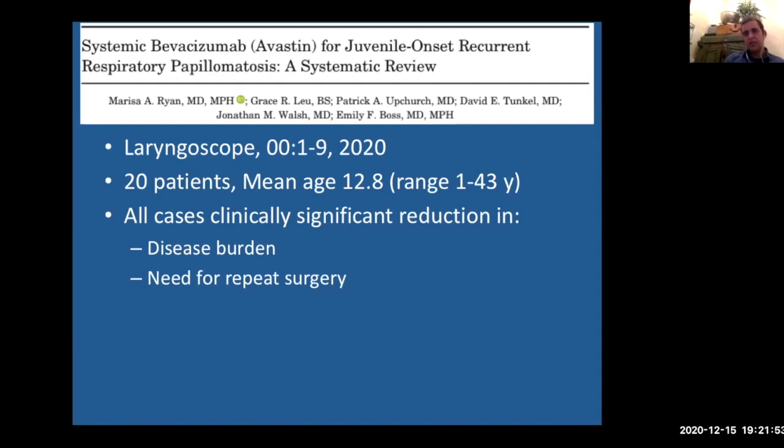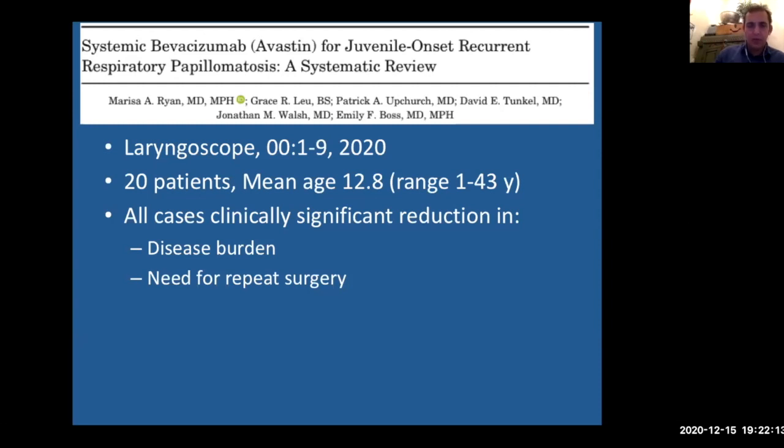The problem with RRP is that there are very low numbers. So to try and get a good study to show conclusive evidence that it works is very difficult. So it's usually pooled results or systematic reviews.